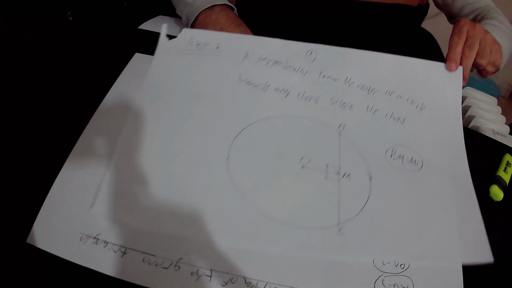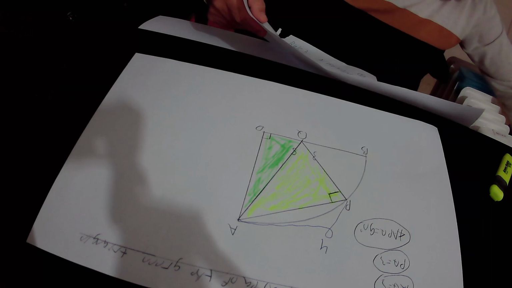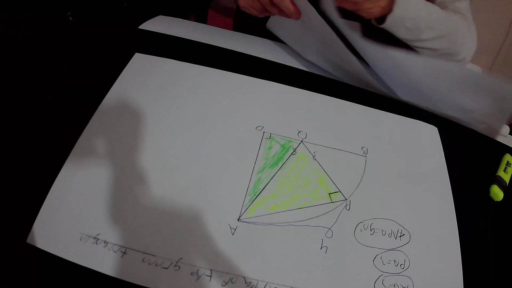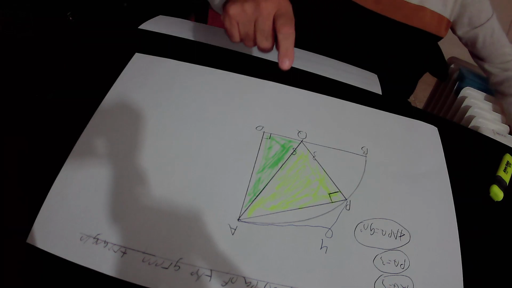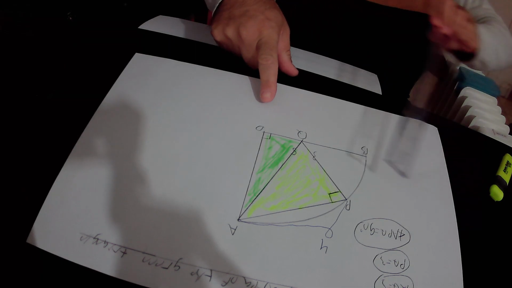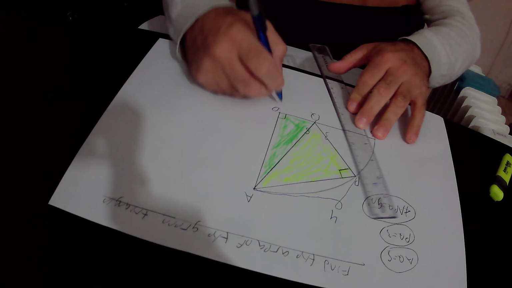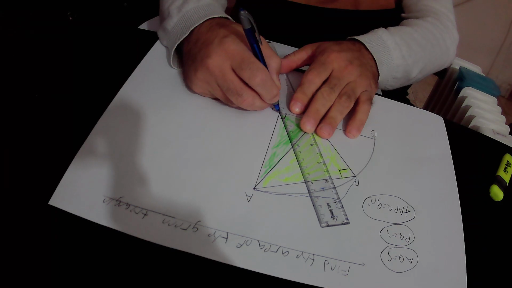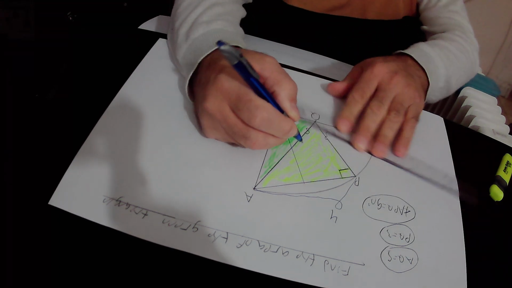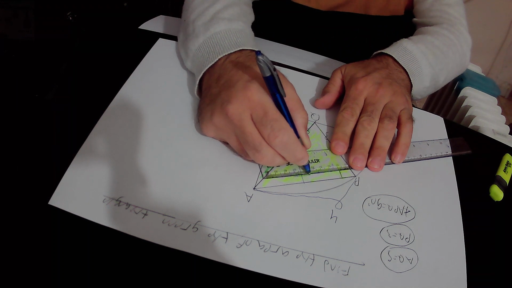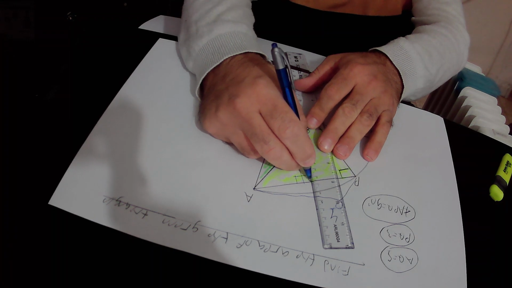So we actually can implement rule number 2 in our drawing. From the center of the circle, that is to say from point O, we will draw a perpendicular on AP. So this angle equals 90 degrees and this angle equals 90 degrees according to our construction.